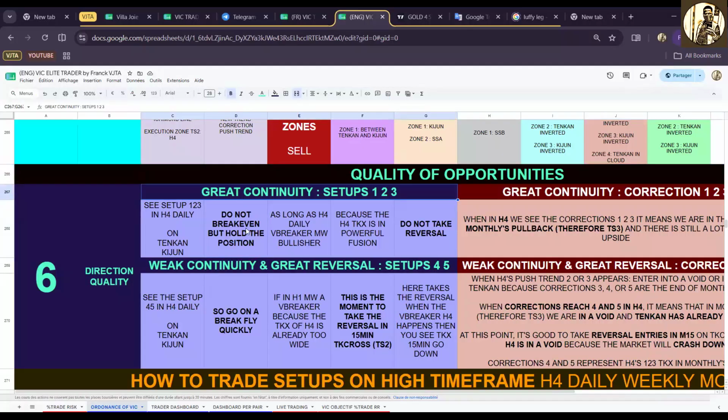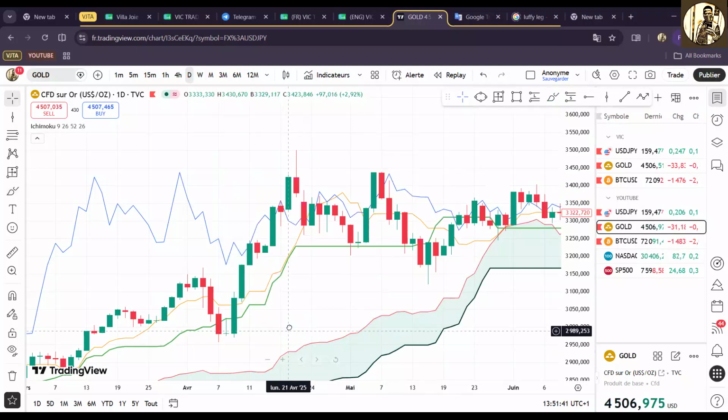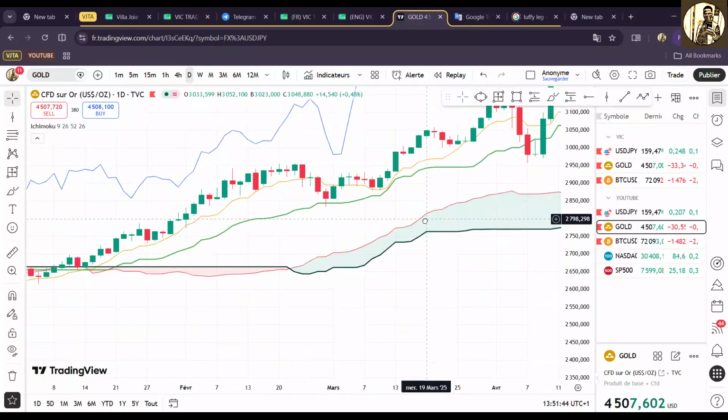So you have great opportunities that are also linked to the number of setups where the price touched the Tenkan line. If you see a setup 1, 2, 3 in H4 or daily on Tenkan and Kijun, do not break even, but hold the position.